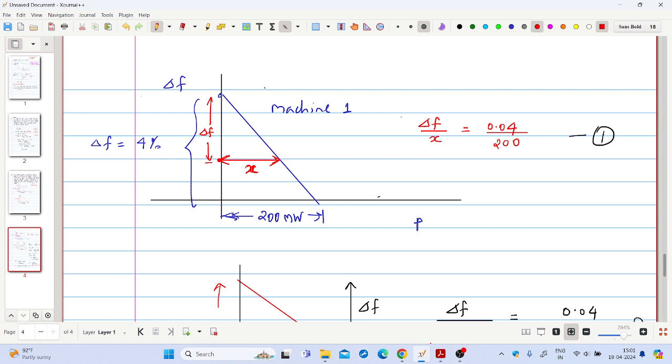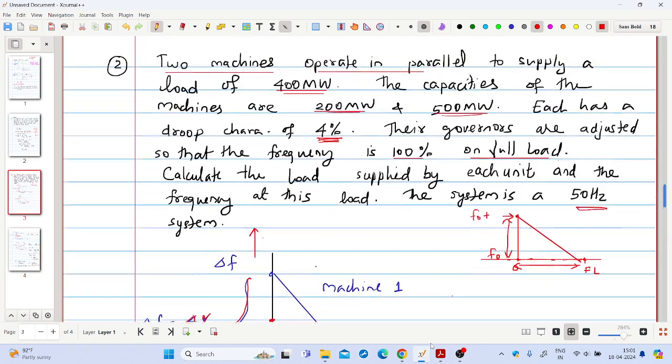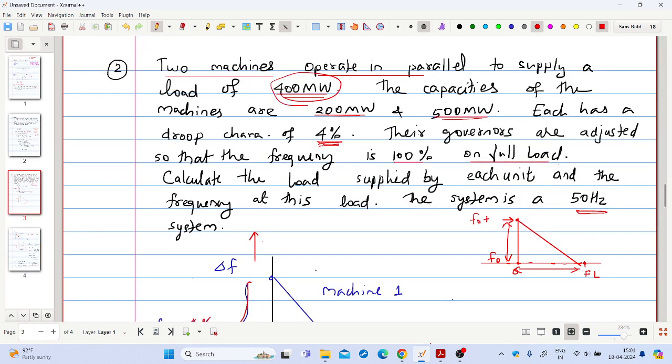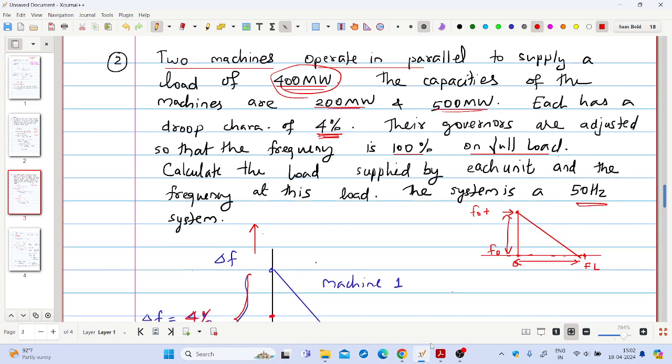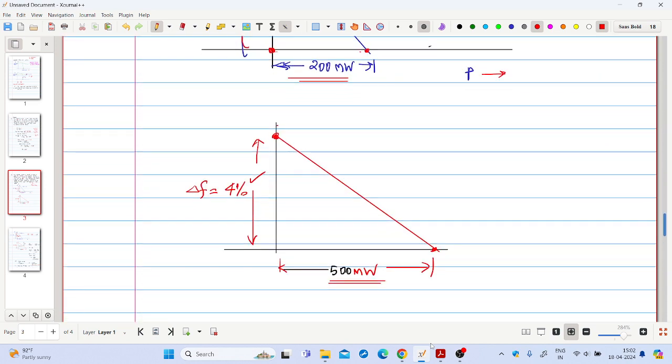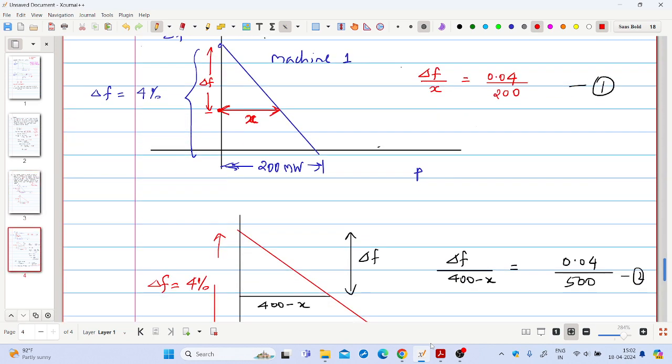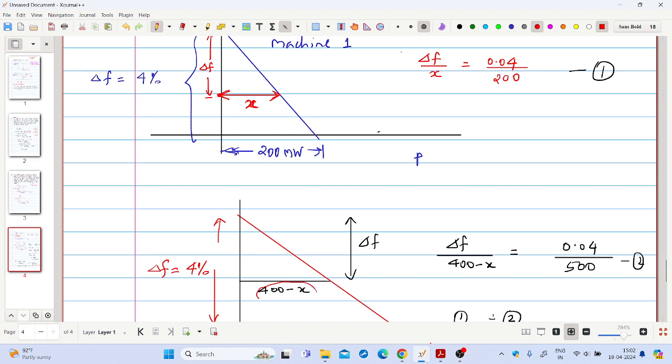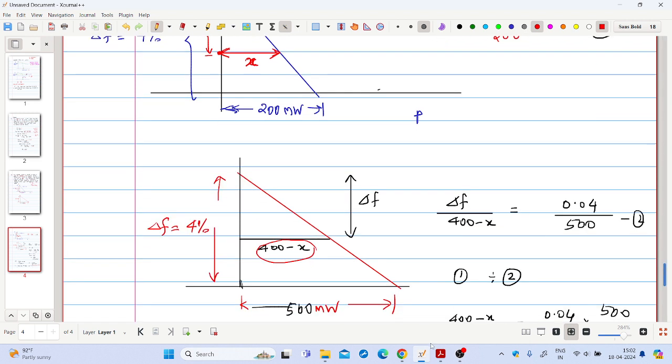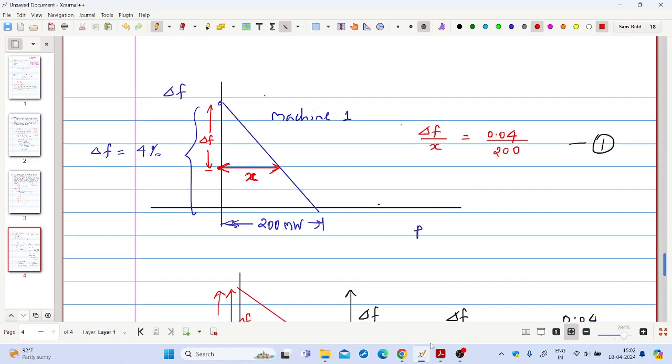Total load minus X. The total load is 400 megawatt, so X megawatt is shared by the first machine and the remaining 400 minus X is shared by the second machine, and both have the same frequency. So this change in frequency from no load is the same, delta F, for both.